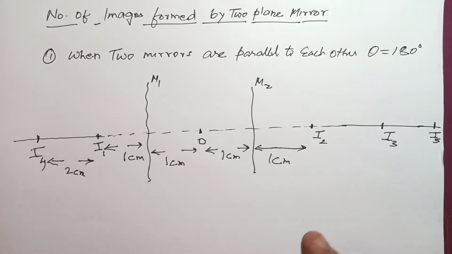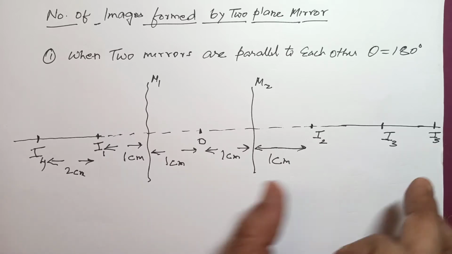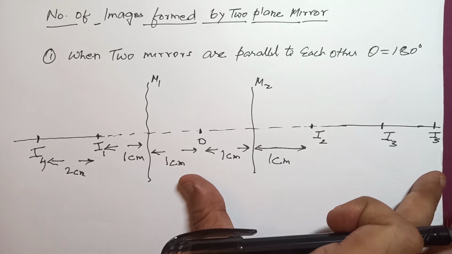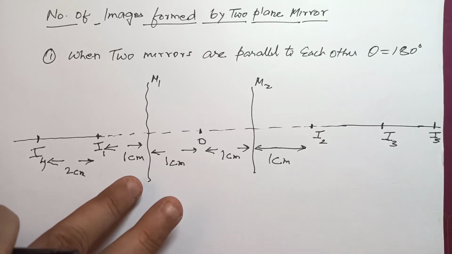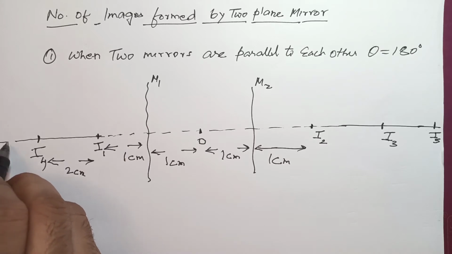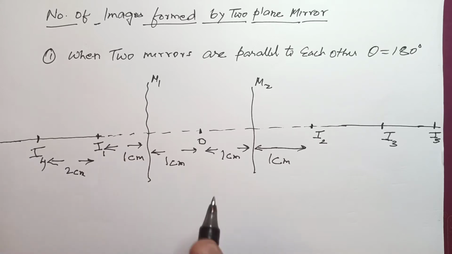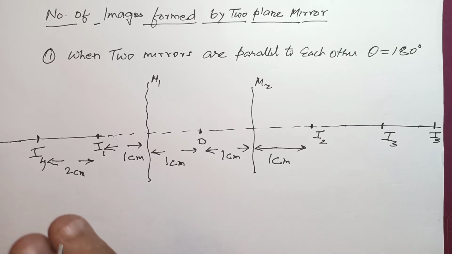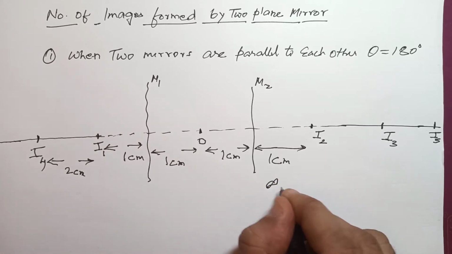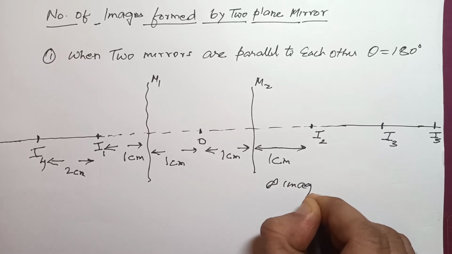Now look at this. I5 for the mirror M1 behaves as an object, and I get one more image somewhere here on the left side. Hence it is an infinity process, so I will get infinite images.